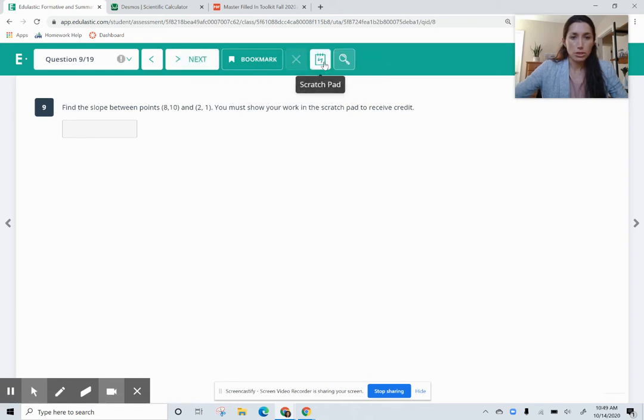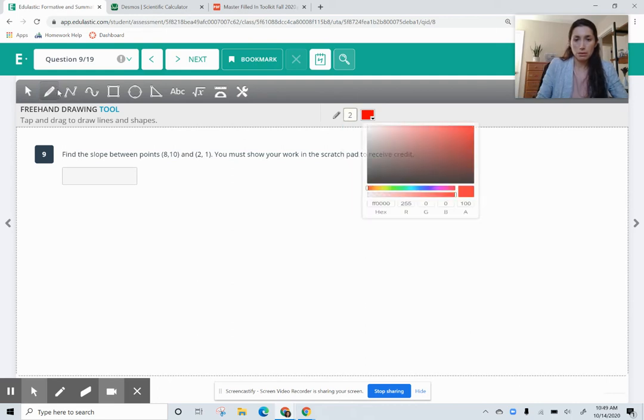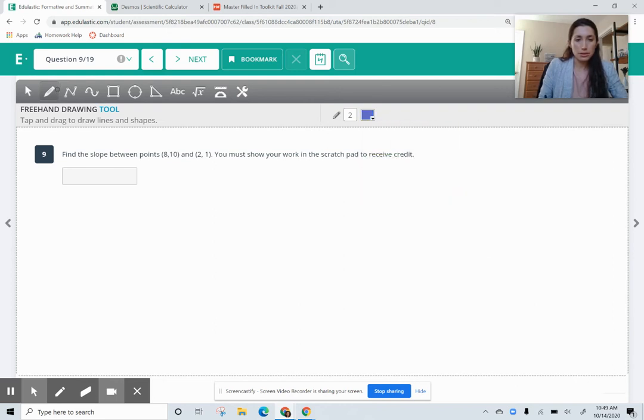Okay, we're going to do one more slope question. All right, so we have our y2, which is 1, minus y1, 10, divided by here 2 minus 8. And you can put that into Desmos if you want.